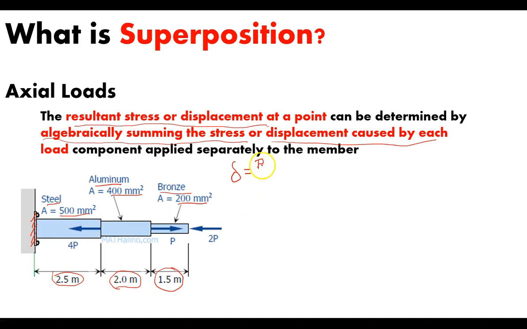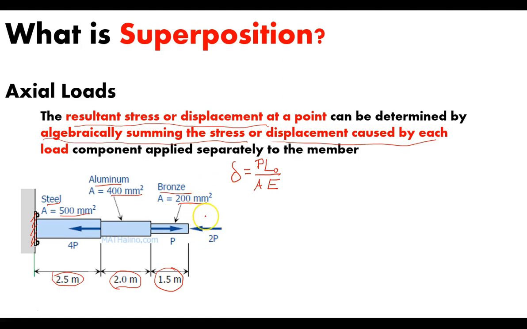So we've got a load for each segment, a length for each segment, and an area for each segment. And since we've got different types of material, we have a modulus of elasticity that has to be applied to each one of those segments. And then we can find the displacement.